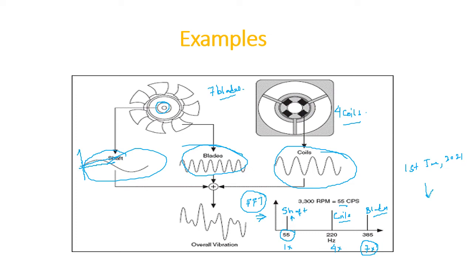After 6 months, you can again come to it and take the reading. In that time, suppose one of your signals is getting a higher vibration compared to the earlier one.